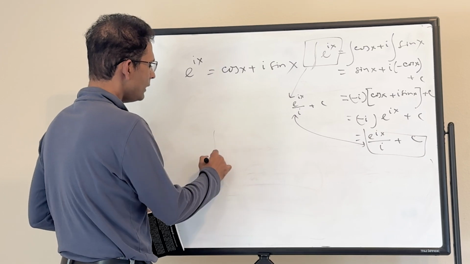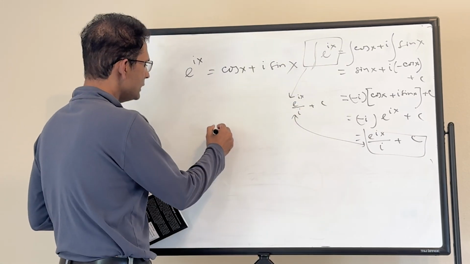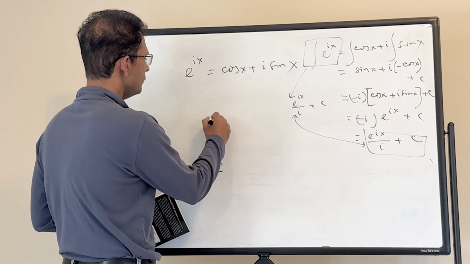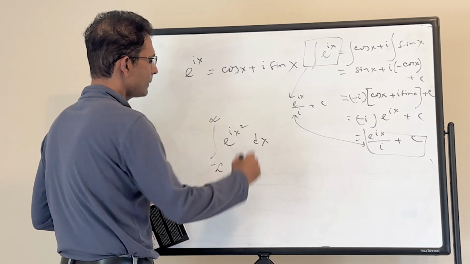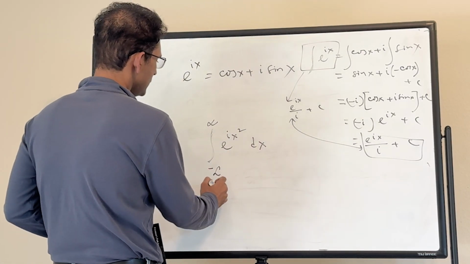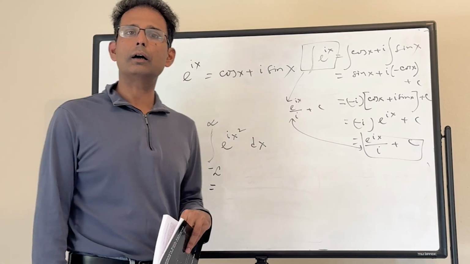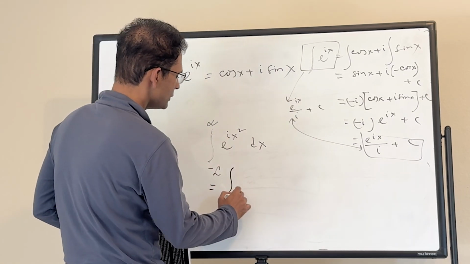All right, so let's discuss slightly more about these integrals. This was an indefinite integral, but suppose you're calculating a definite integral from minus infinity to plus infinity of e to the i x squared dx. How do you do this integral? This integral doesn't really converge, because this is an oscillatory function.